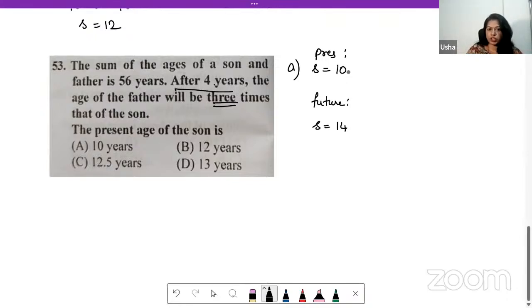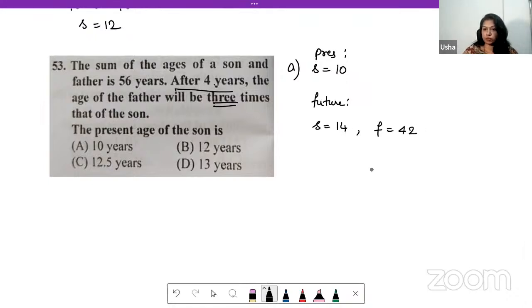If the son's present age is 10, after 4 years his age will be 14. They have given that after 4 years, the father's age will be 3 times the son's age. So if the son's age is 14 after 4 years, the father's age will be 3 times this, which is 42.